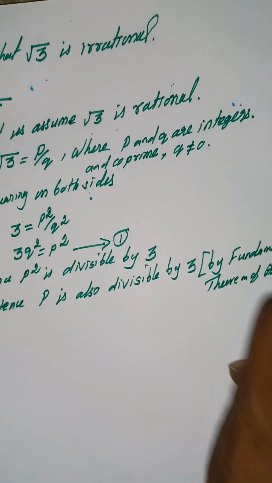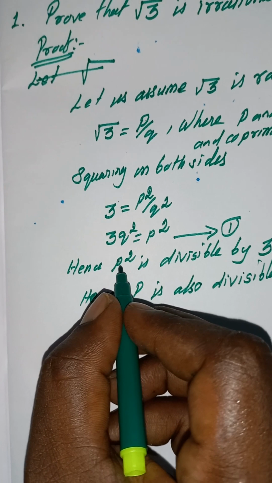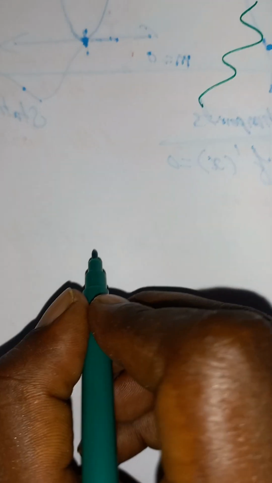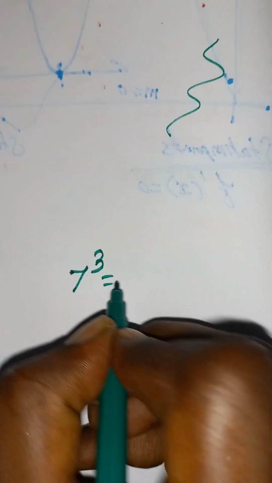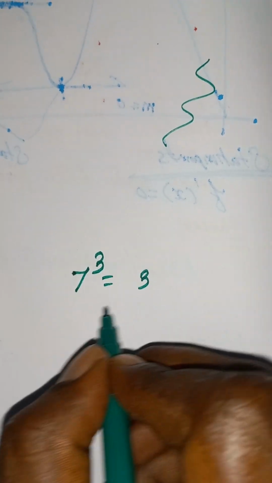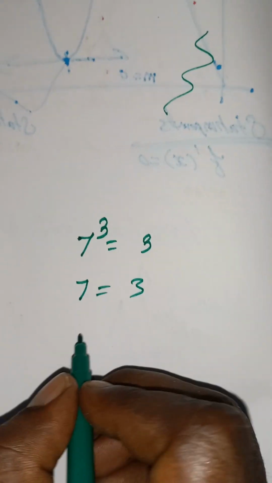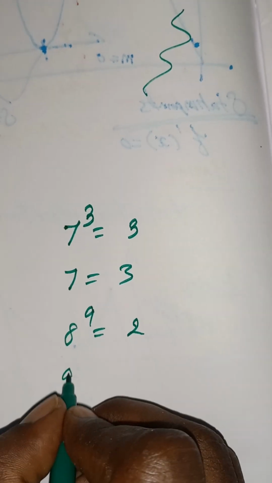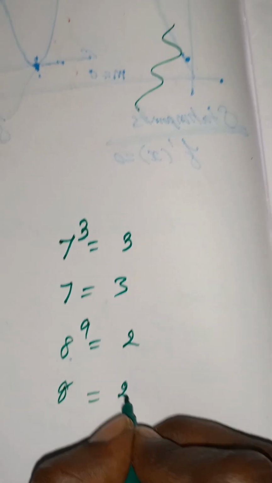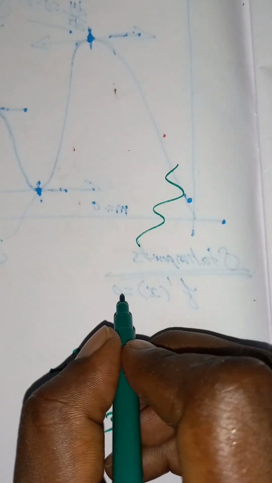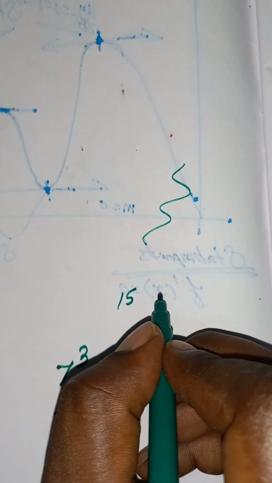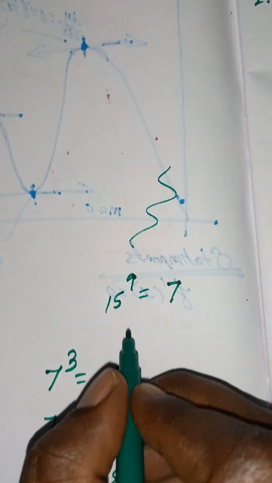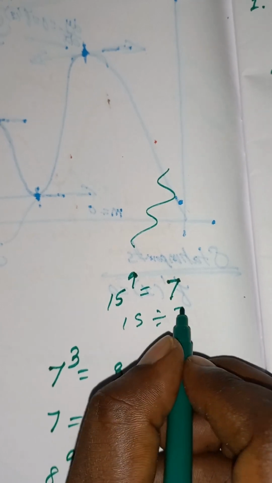So what it says: if any number's square is divisible by a prime, then the number is also divisible by it. Say if 7 cube is divisible by 3, then 7 is also divisible by 3. If 8 power 9 is divisible by 2, then 8 is also divisible by 2. If 15 power 9 is divisible by 7, then 15 is also divisible by 7.